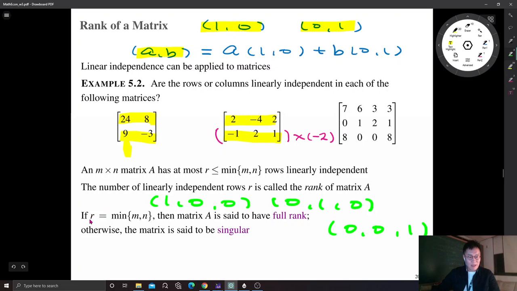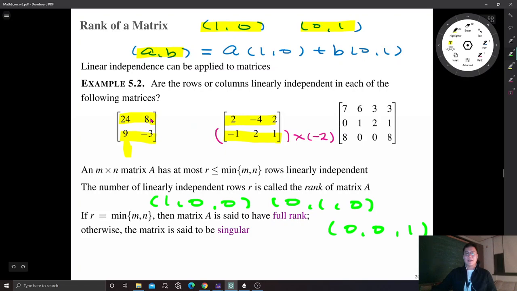So if the rank r is equal to the minimum of the number of rows and the number of columns, then we say matrix A has full rank. This is an example of a full rank matrix because the number of rows and columns are equal to 2, and the rank of this matrix, the number of linearly independent rows, turns out to be 2.